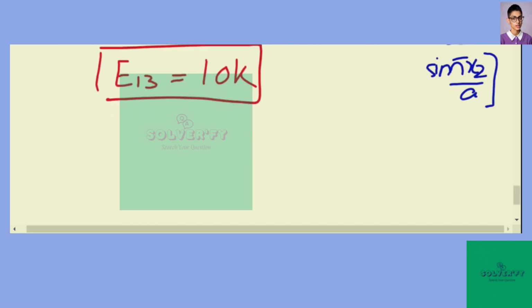And the last part is that we need to find the solution for the identical fermions, right?